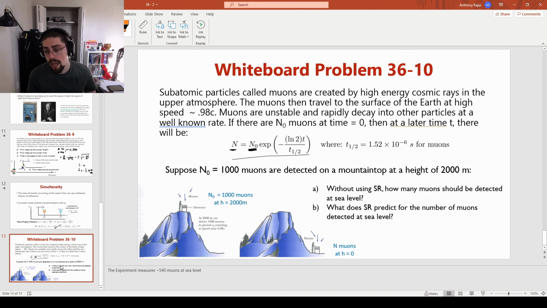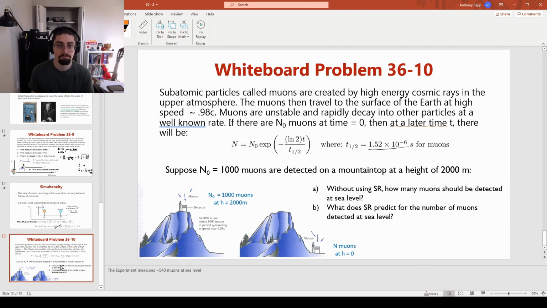Let's say we had 1,000 muons detected on top of a mountain at a height of 2,000 meters. By the time we get down to the bottom, we don't expect many. When they were originally doing this experiment, they didn't expect to see any muons because this is a very fast lifetime.